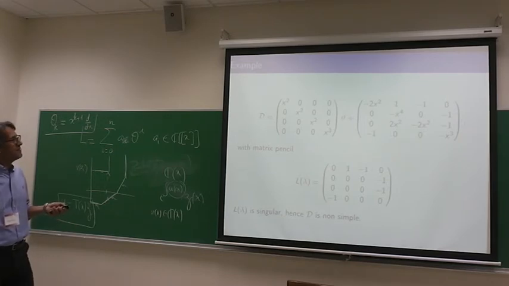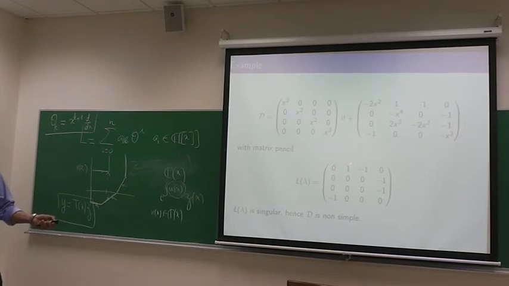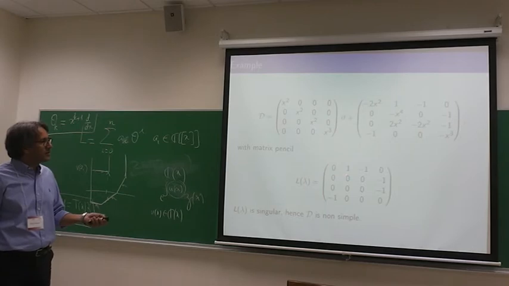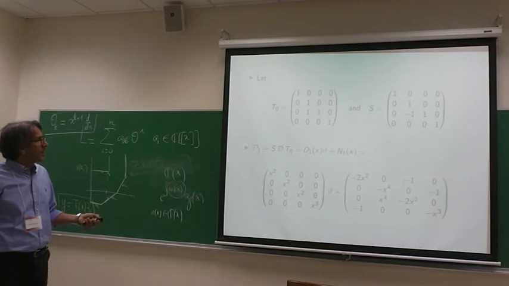Okay, this is an example. If you form the pencil here, this is the constant columns. By the way, all of them don't depend on lambda. They are collinear, these two, for example, and the system is singular.